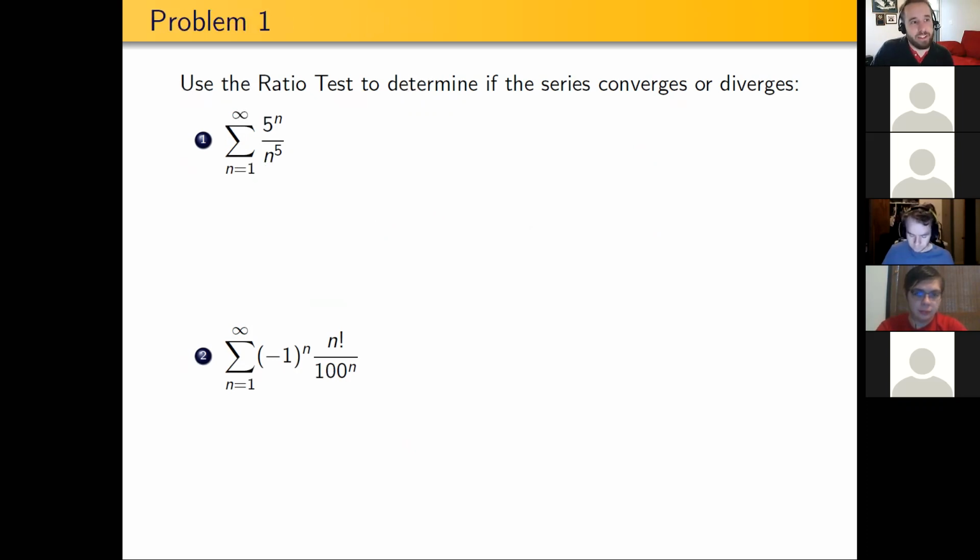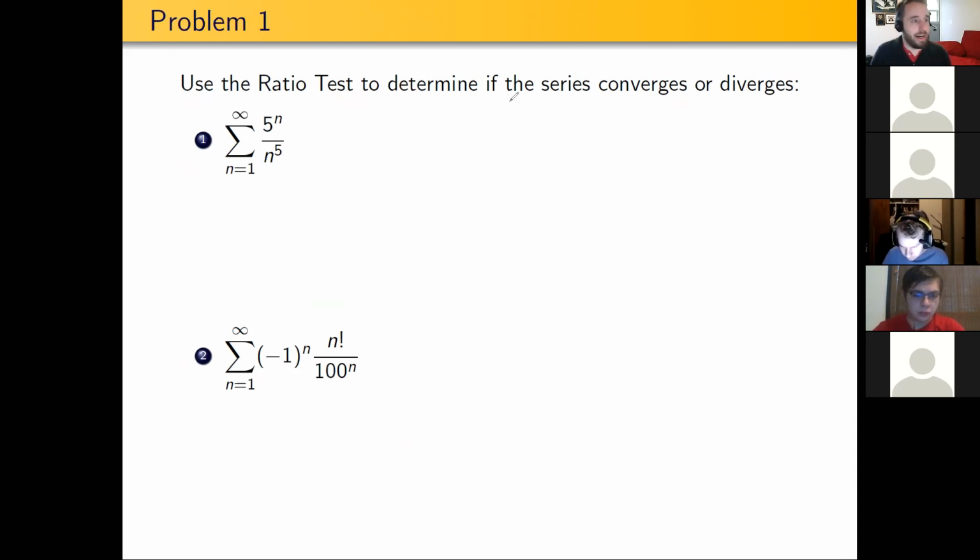And I think these will give us a sense of when we might want to use the ratio test. So let's talk through this first example, and then let's talk about what made this example such a good example. Actually, let's talk through number 1 and number 2, and we'll talk about what made them such good examples for the ratio test. And I think, Deanna, that will go a long way towards answering your question.